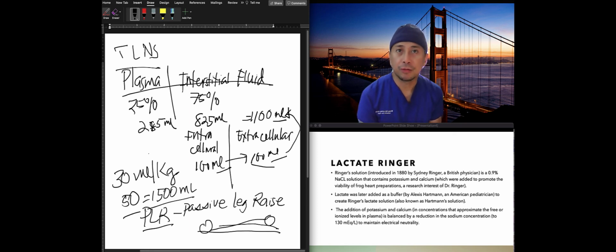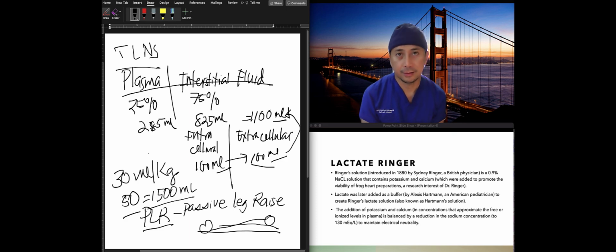When you look at your Frank-Starling law, you increase the volume into the ventricle, you stretch that ventricle, and eventually it's going to contract stronger, right? The more you stretch it, the stronger it's going to contract. But not all our patients are healthy.